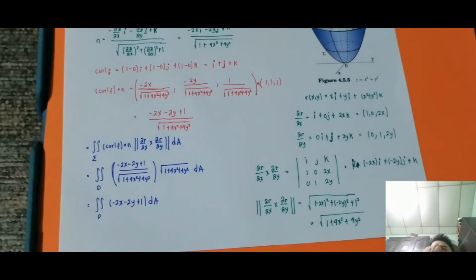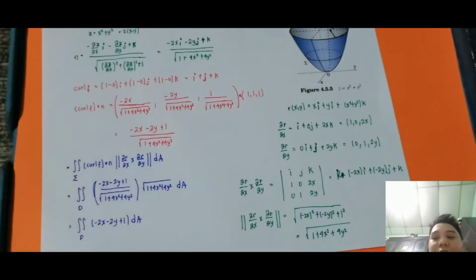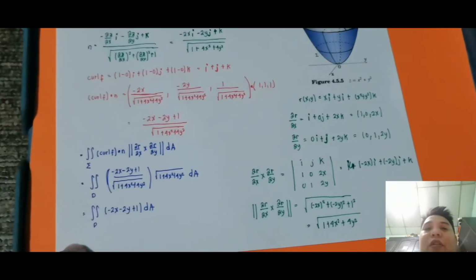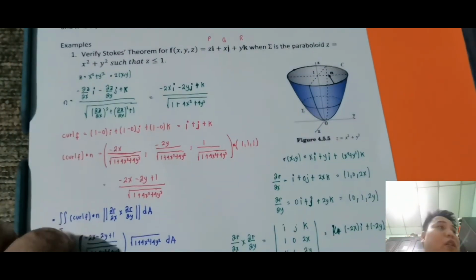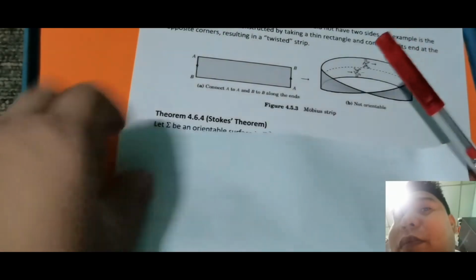So now, since naka-paraboloid tayo, so sabi ko nga, mag-switch na lang tayo into polar coordinates. So, hindi pala cylindrical. Actually, switch na lang tayo in polar coordinates. So, I don't know kung na-discuss ko sa inyo si polar coordinates or what, but I guess, kailangan na natin siyang pag-usapan dito. So, sa polar coordinates, paano ba yung pattern, isusulat ko lang dito.